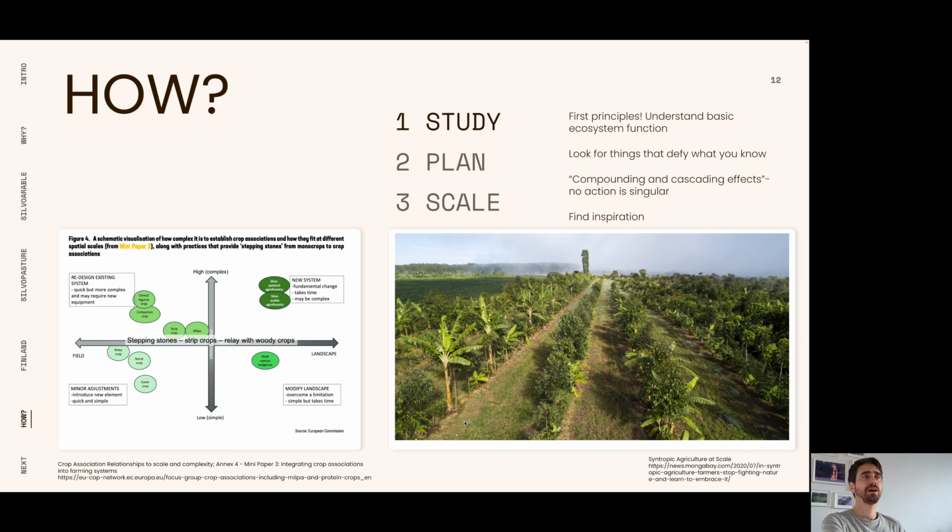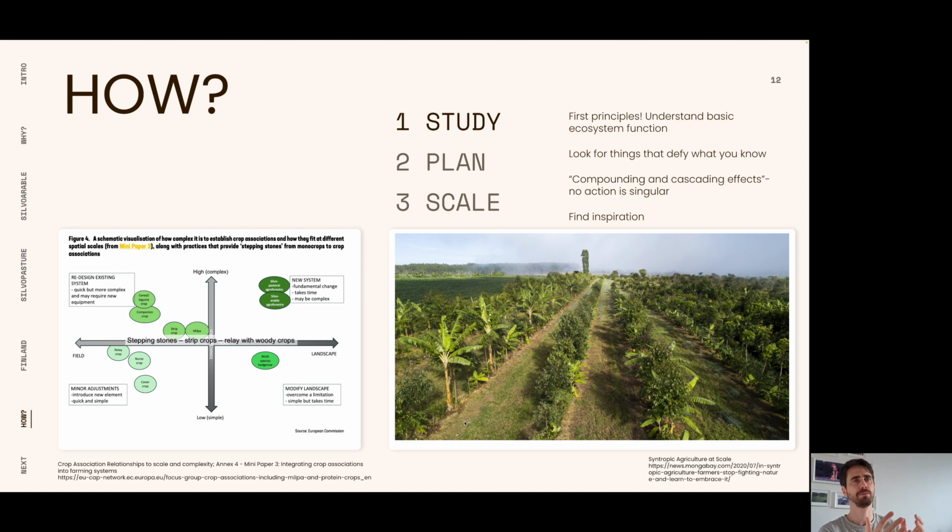When we think about studying, in our project, we try to focus on first principles so you understand the basics about how trees and shrubs function, the differences between them and annual crops, and some of the trade-offs you'll have to consider.